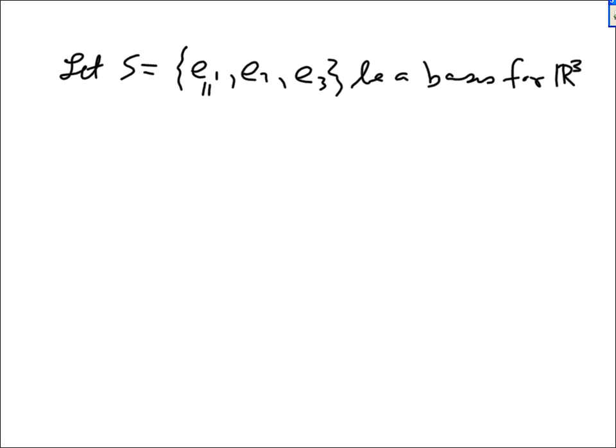E1, since we're in R3, it has 3 numbers, and only the first entry is the 1 and the rest are zeros. E2, since it's a 2, only the second entry is a 1. The rest are zeros. In E3, all the entries are zeros except the third entry, which is a 1. Let this be a basis for R3.